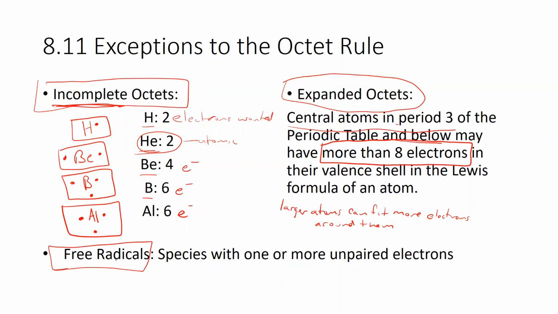Now, the other class of compounds here are what are called free radicals, okay? Free radicals are things that you'll encounter a lot more in an organic chemistry class, but we need to know that they exist. These are things with 1 or more unpaired electrons in the chemical formula. Essentially, when you add up the valence electrons, the total number of valence electrons will be an odd number.